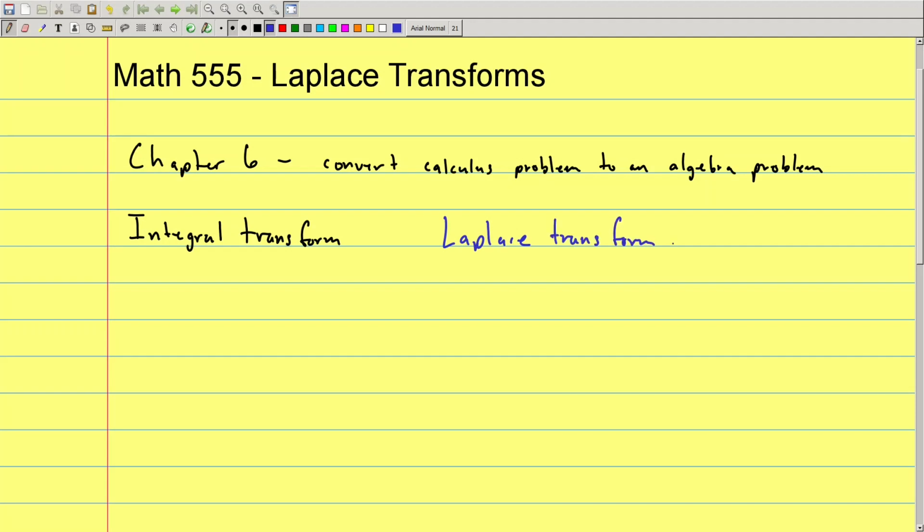Laplace transforms are going to be the one that we're interacting with in this class, but another one that you may have heard of is known as a Fourier transform.